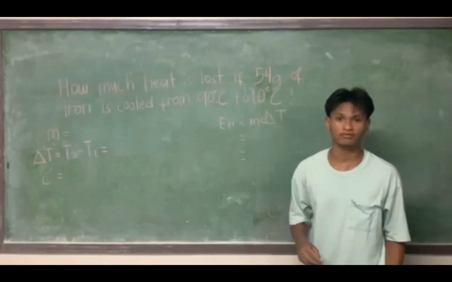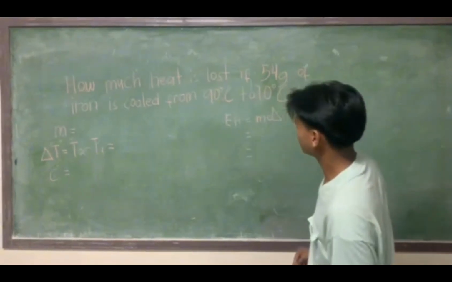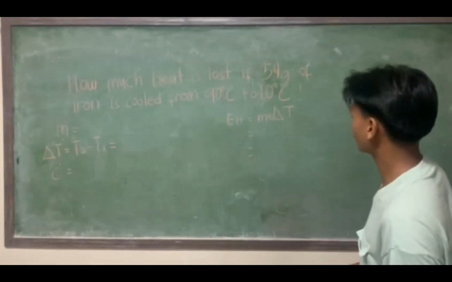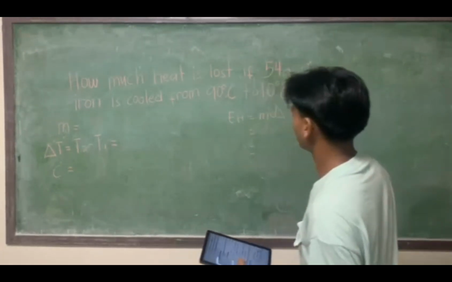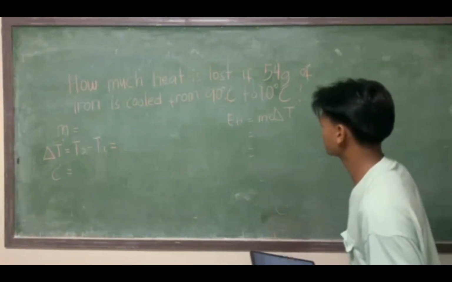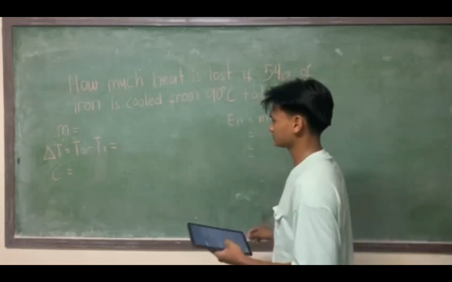This is the second problem. How much heat is lost if 54 grams of iron is cooled from 90 degrees Celsius to 10 degrees Celsius? So, this is the formula again.